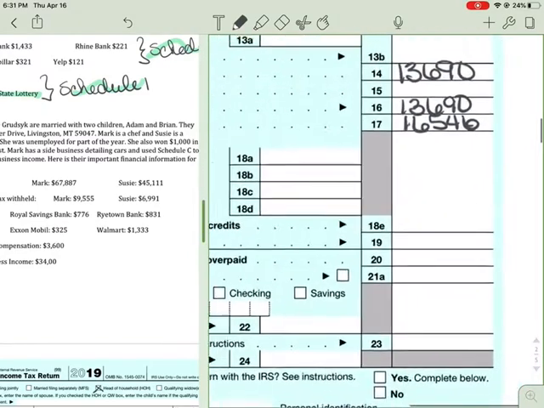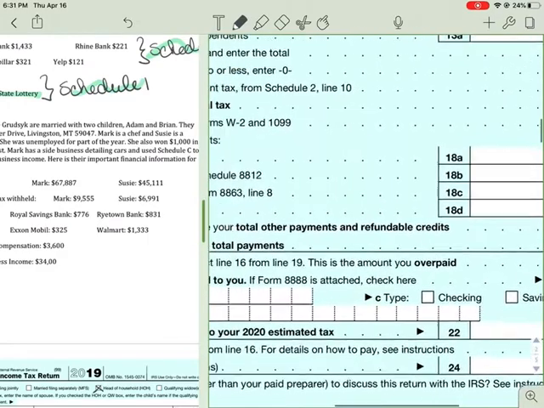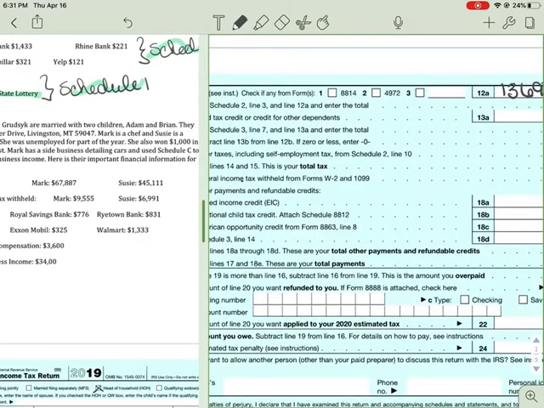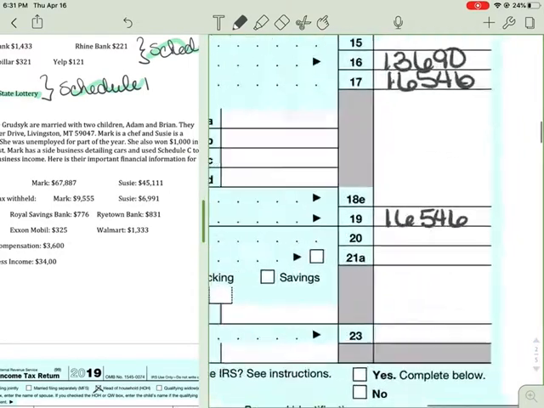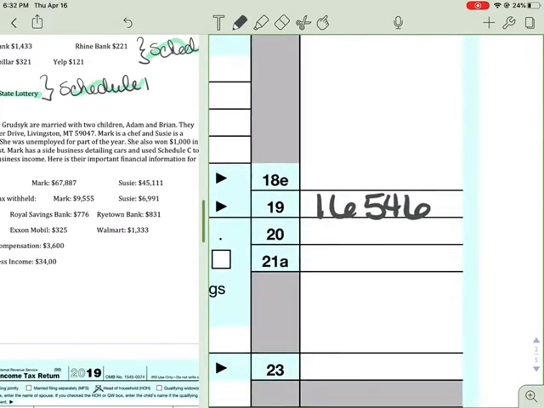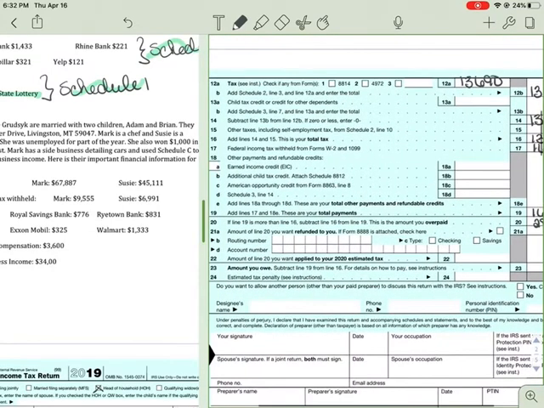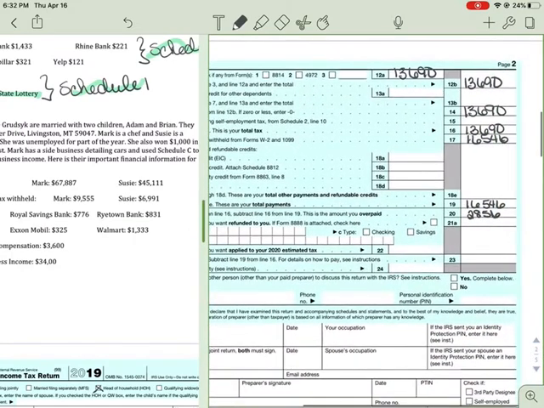Total payments was $16,546. If line 19 is more than 16, we're going to subtract because you overpaid. So we're going to take that 16,546 and subtract the 13,690, and we're going to say that they overpaid by $2,856.